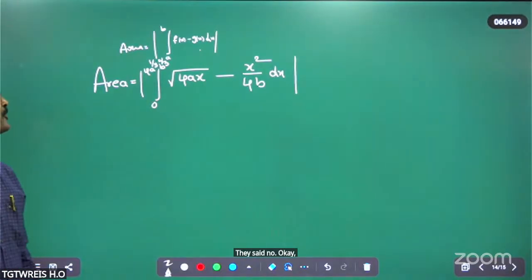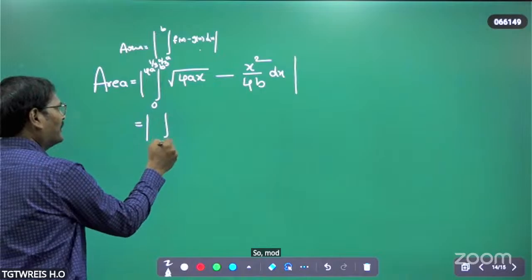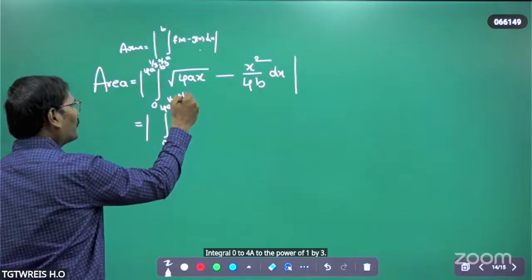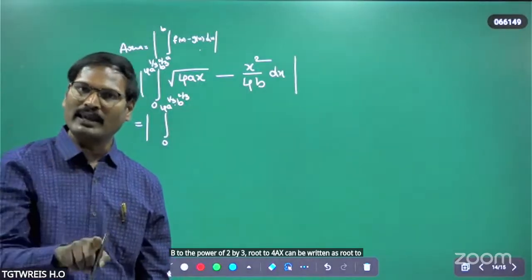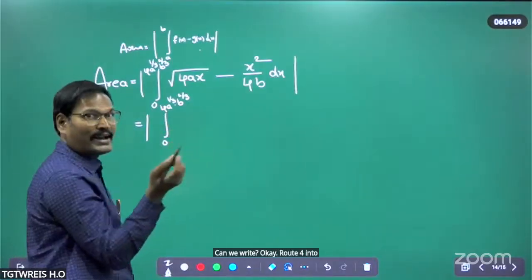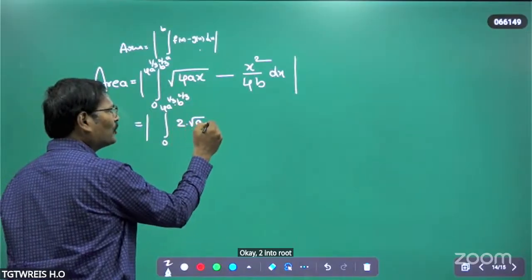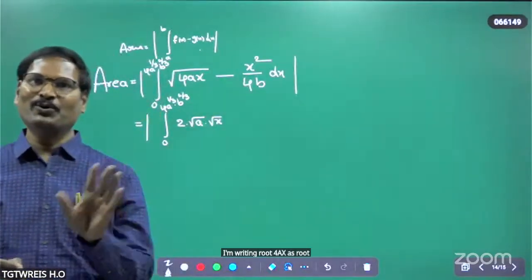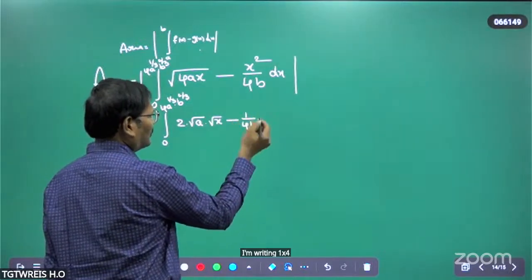Okay, now I am going to do the integration. So modulus integral 0 to 4a^(1/3) b^(2/3). Root 4ax can be written as root 4 into root a into root x. Root 4 means 2, okay? 2 into root a into root x. I am writing 1 by 4b outside; it is constant only, no?